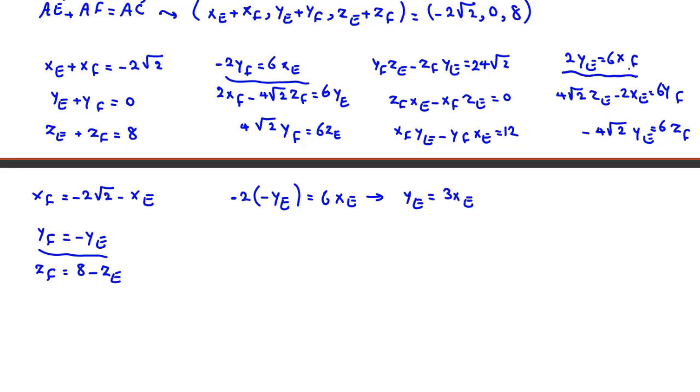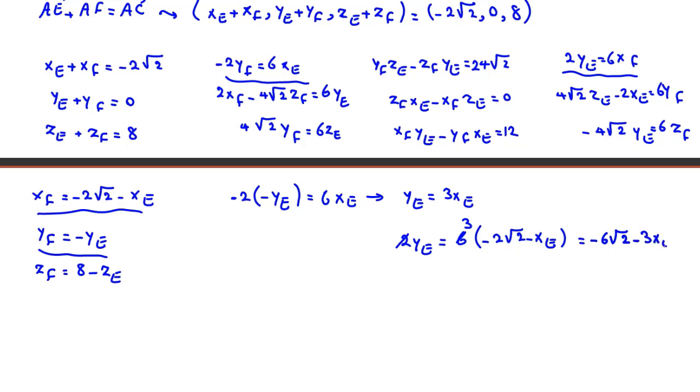Now we use this: 2ye equal to 6xf. Instead of xf, we replace it with this, negative 2 root 2 minus xe. If we divide both sides by 2, we conclude ye equal to negative 6 root 2 minus 3xe.